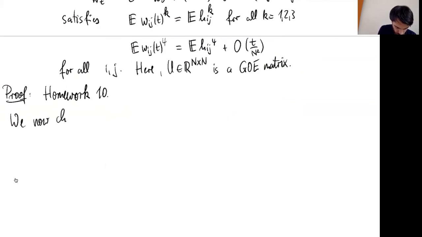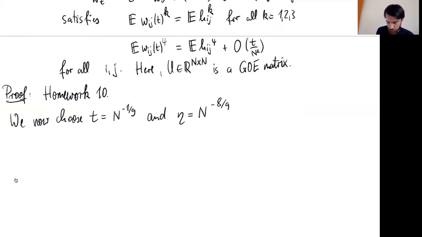We now choose t to be n to the minus 1 over 9, and eta to be n to the minus 8 over 9. Remember that t had to be bigger than n to the minus 1 over 3 to apply this relaxation of the Dyson-Brownian motion, and eta had to be smaller than n to the minus 2/3 to identify the correct scale.